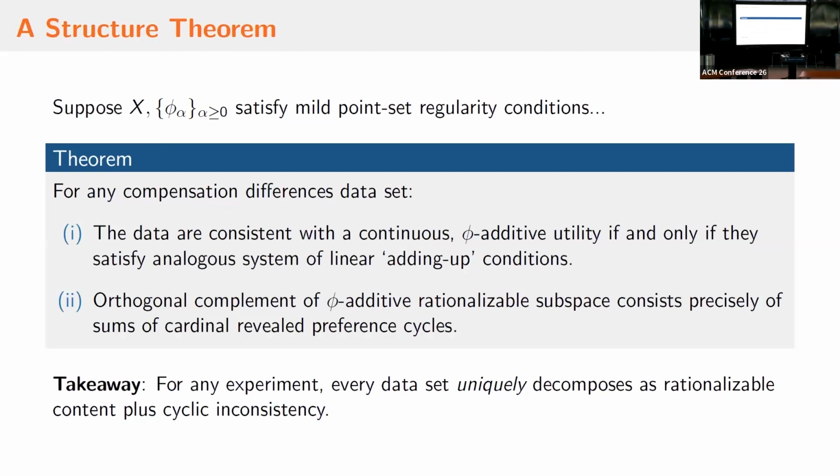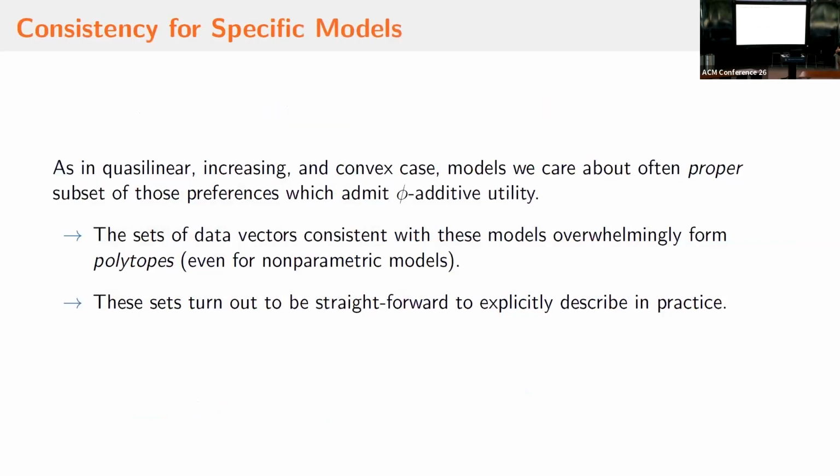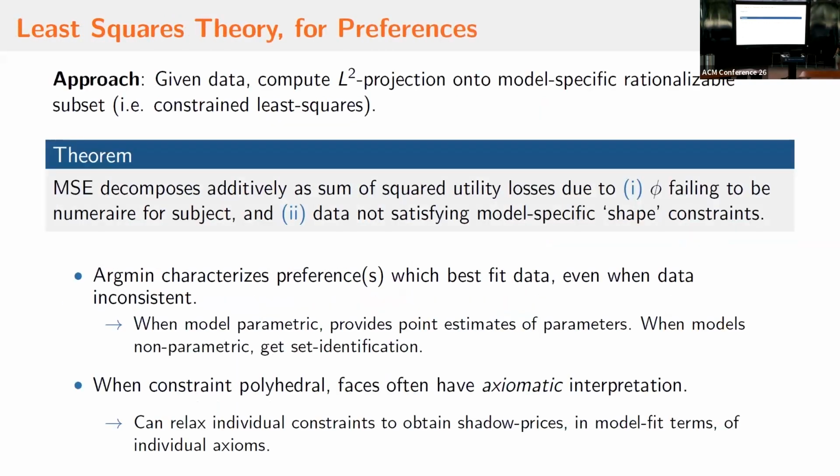The set of data sets, for an arbitrary experiment of this form, that are consistent with some phi-quasi-linear utility is characterized by an analogous linear system of adding-up conditions. The orthogonal complement of this subspace precisely consists of sums of cardinal revealed preference cycles. Almost all the time, individual models will form polytopes.